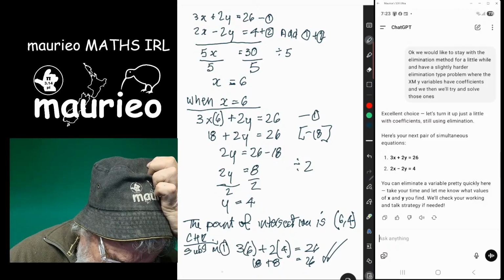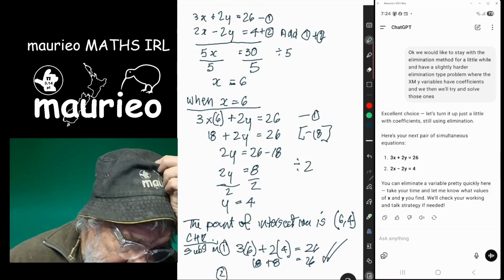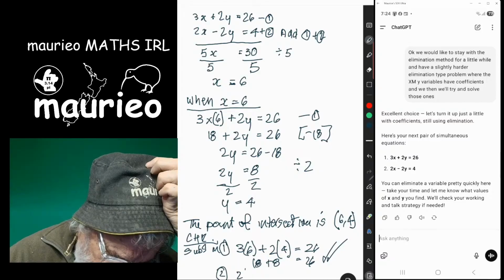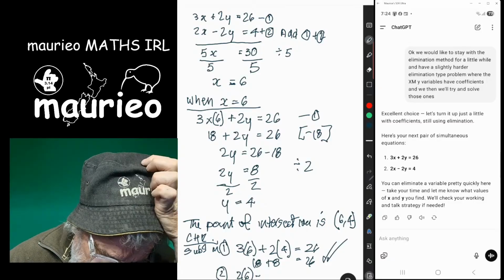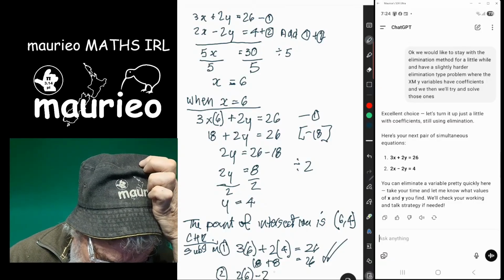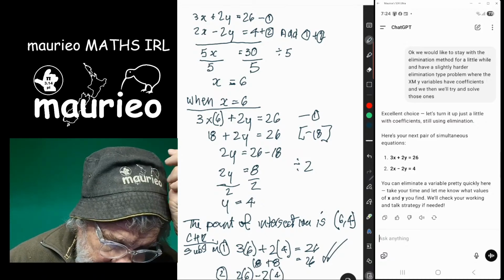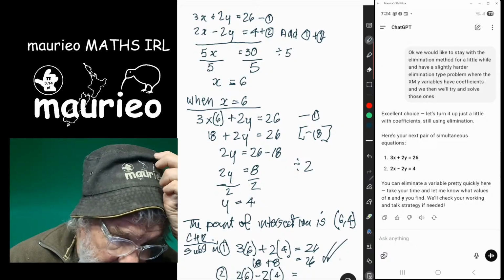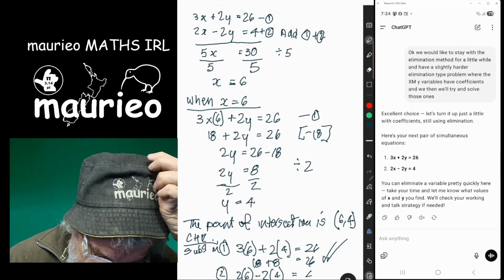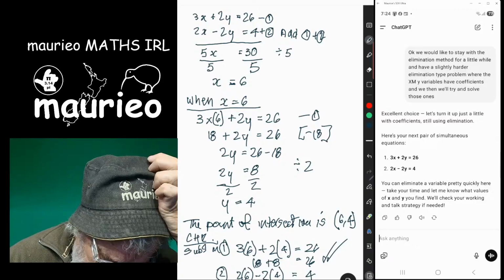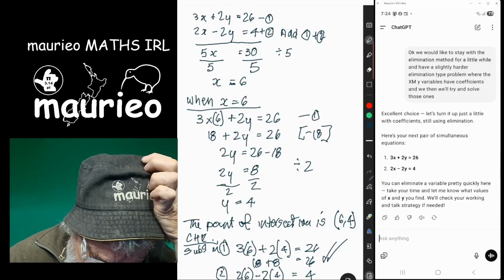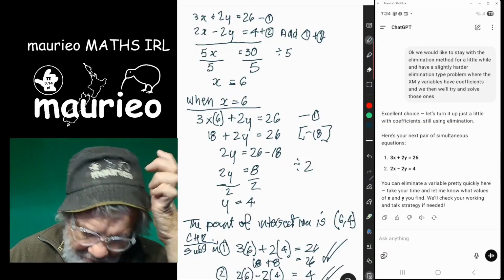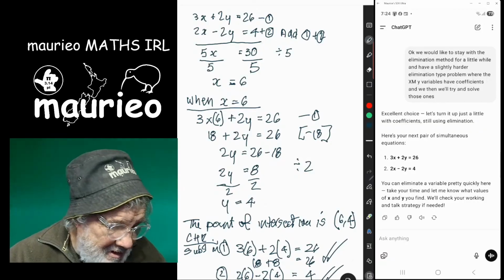And we'll substitute in 2. We get 2 times 6 minus 2 times 4 equals 4. 2 6s are 12 minus 8 equals 4. So we can be pretty sure that we've got it right.